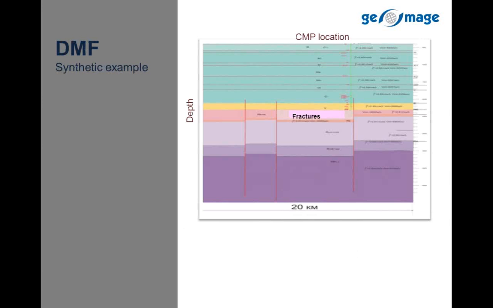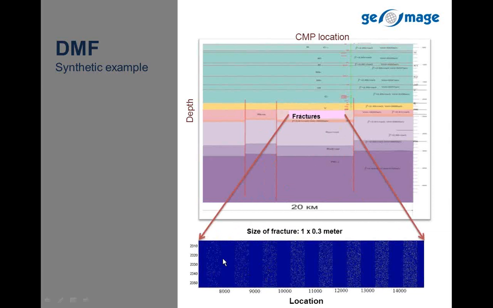This is a synthetic example where we put a fracture zone in one of the layers. The fracture zone, in this two-dimensional case, was modeled with 8 fracture corridors with different fracture density.